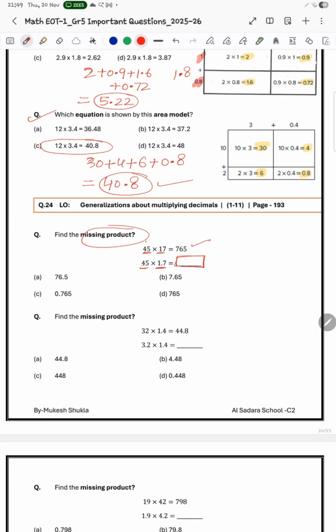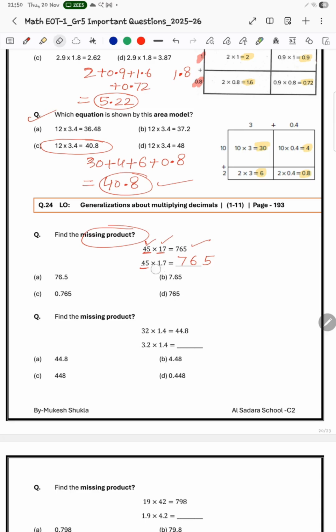Here 45, here 45, and here the digits are 17, here also 17. So the product digits will be the same. So I am going to write the same digits in the product. But make sure you put the decimal point in the correct place.